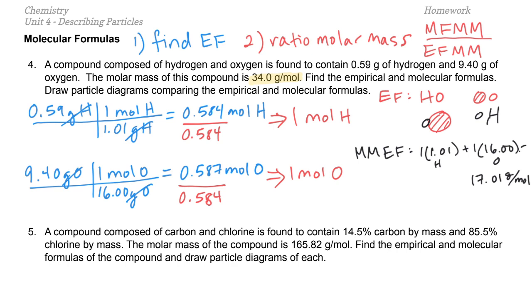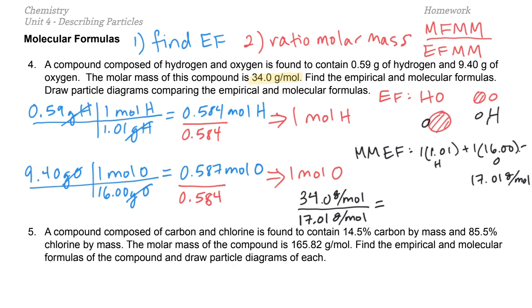And we were told in the problem that the whole compound is 34 grams per mole. Now, what we know from just looking at that is that the molecular formula is not the same as the empirical formula. If it were, those two numbers would be the same. So what we do is we take the one given in the problem, the molecular formula molar mass, which is 34 grams per mole, and we divide it by the one we just calculated, the empirical formula molar mass, which is 17 grams per mole.